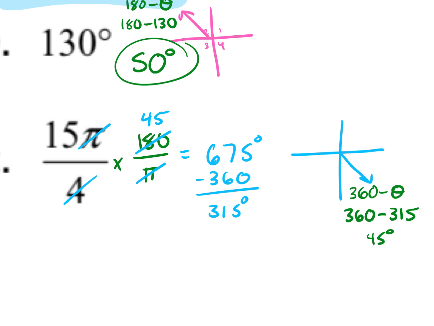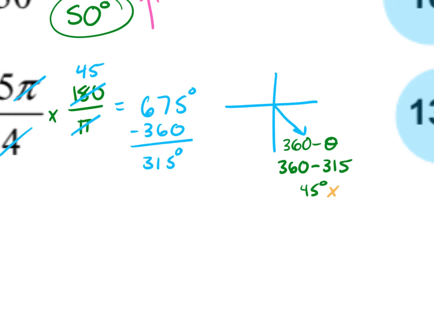No. It is acute and positive, so we know that we did it right, but we need to convert it back. If the question gives us radians, your answer has to be in radians. So what would we multiply by to convert it back? Pi over 180. Well, 45 goes into 180 how many times? 4. So our answer would be pi over 4.